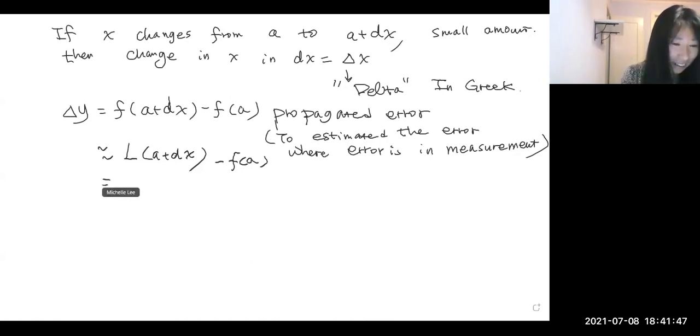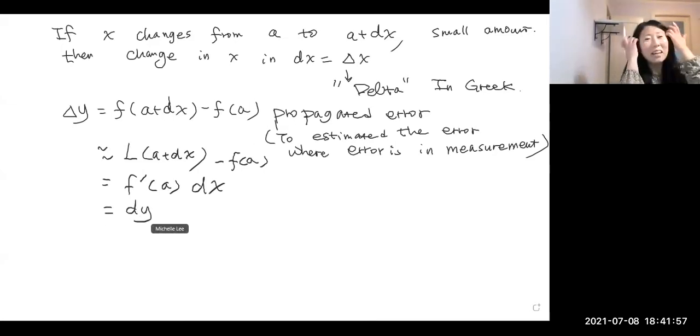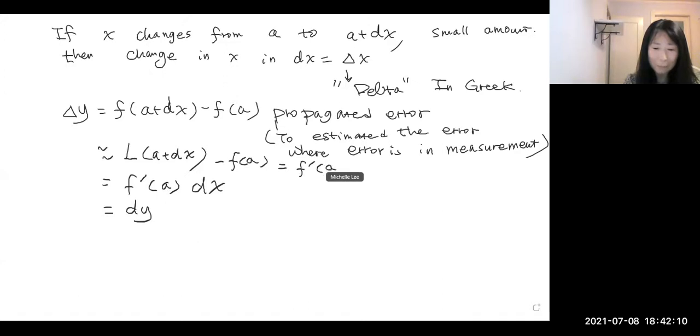F prime of a dx. And this is dy. Okay. So let us use this formula. Let me save the space. So let me write down this one here.